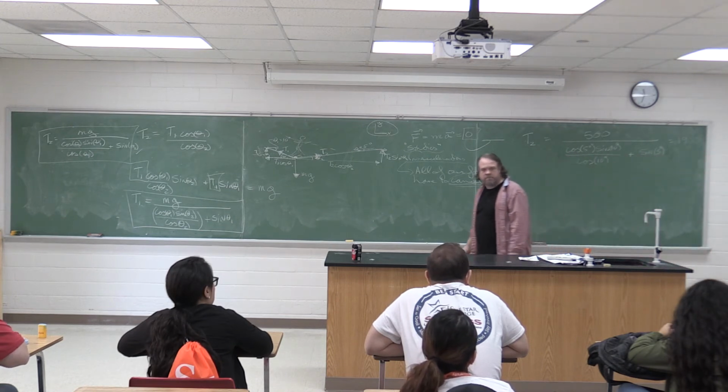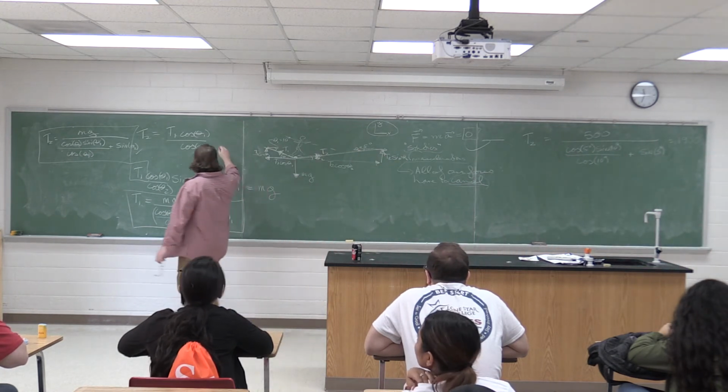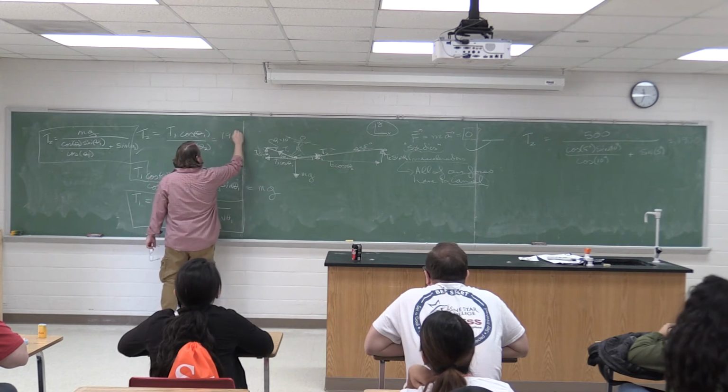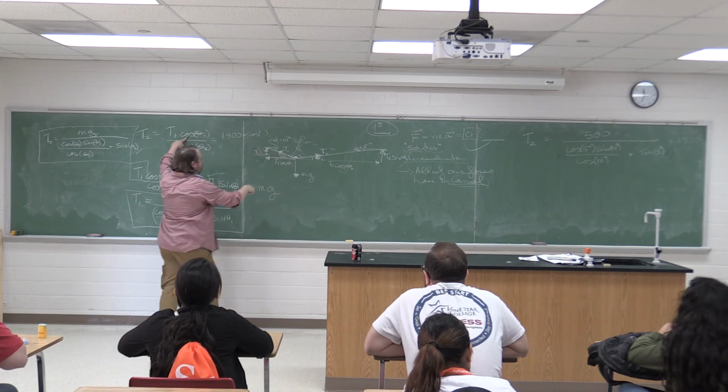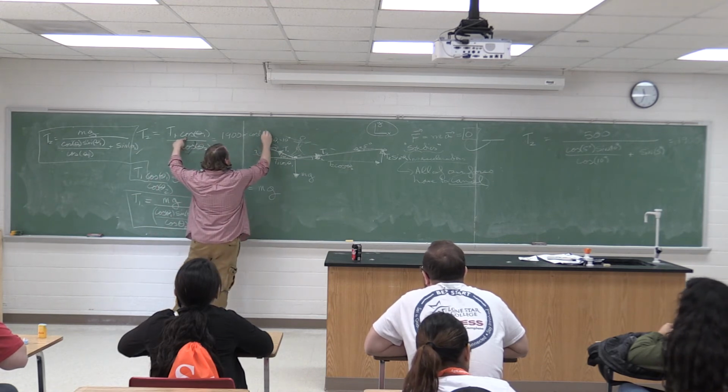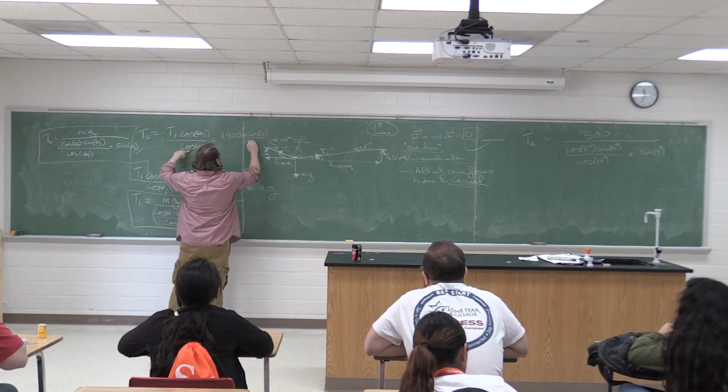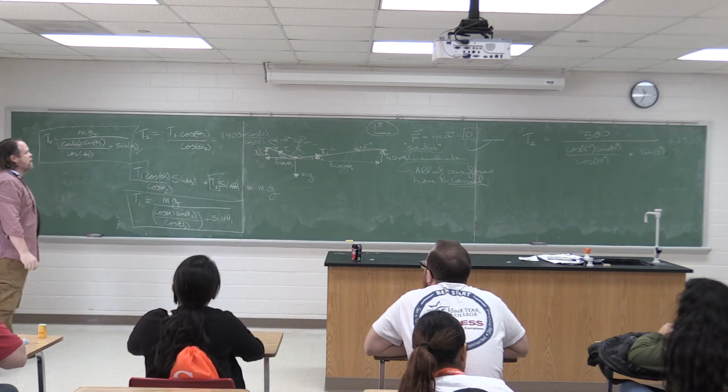Say 1900. And then T2, let's compute that. 1900 times, that was cos 10 over cos 5.